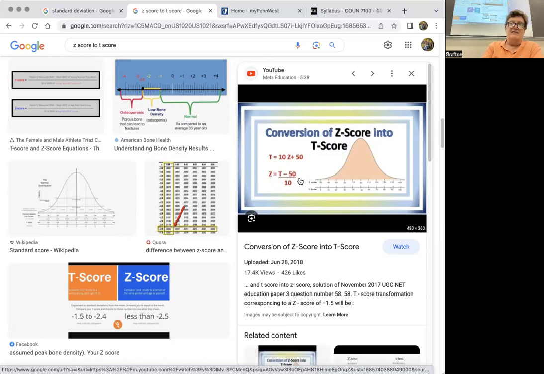That's t minus 50, divided by 10. So that's the only thing you have to remember if they ask you to convert one to the other. I just remember t means times 10. Z means divided by 10. That's how I remember it. And then you tag on the 50.